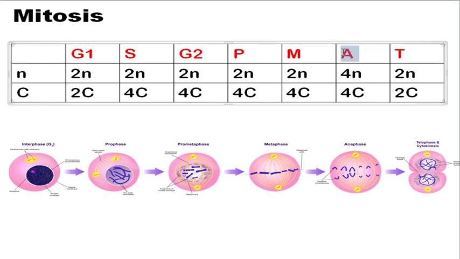In anaphase, the number of chromosomes will be double because the sister chromatids separate, so it will be 4n and the DNA content remains 4C. In telophase, one cell will be divided into two cells, so the number of chromosomes will be halved, 2n, and the DNA content will be 2C.